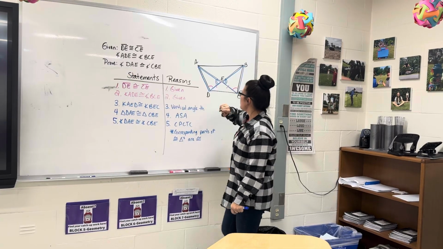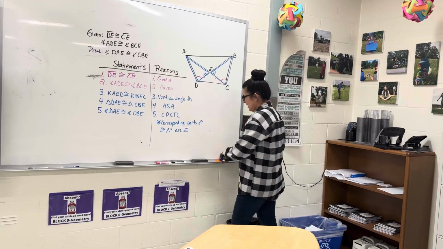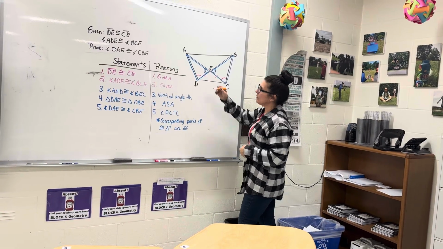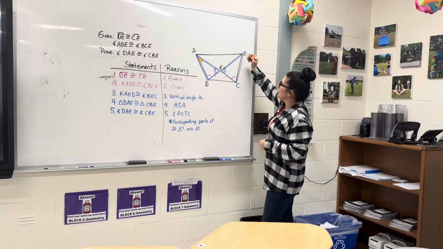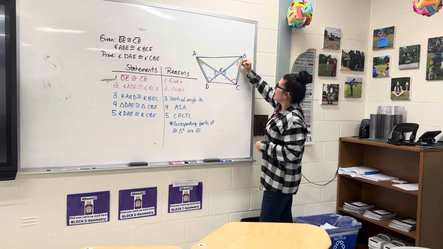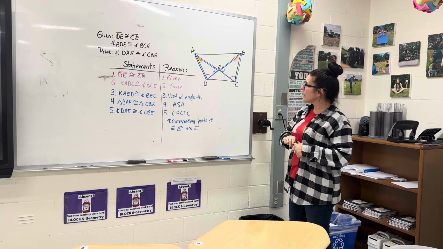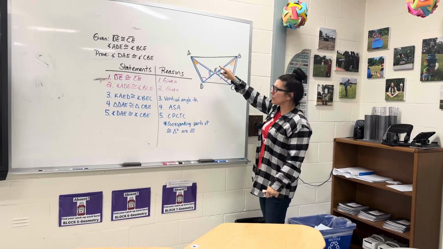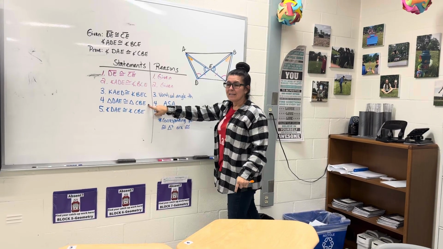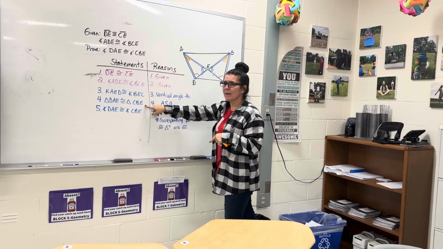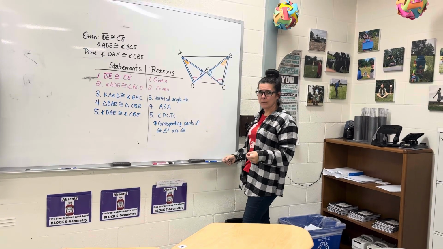We're asked to show that DAE is congruent to CBE, which is this angle. So notice what I just highlighted in orange is part of these two blue triangles that I just said are congruent. Now that I know the triangles are congruent, I know all the parts are congruent.